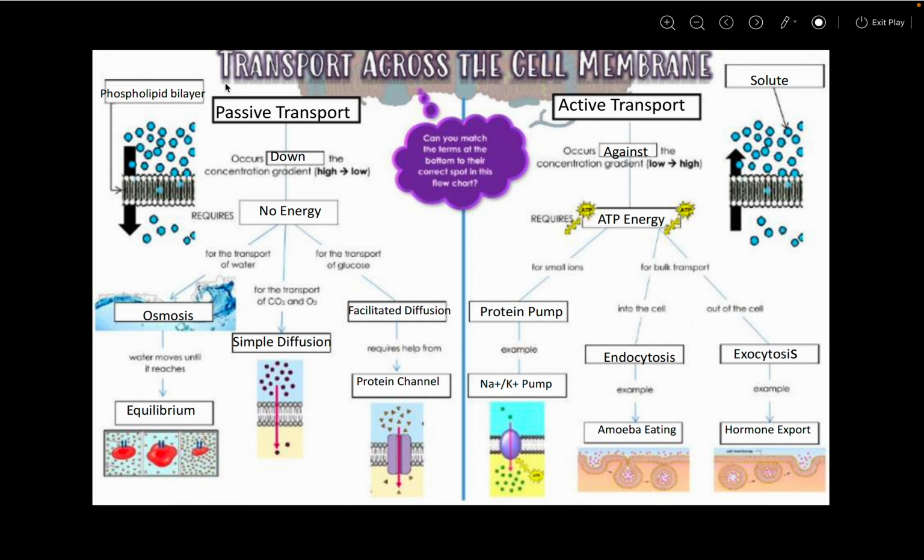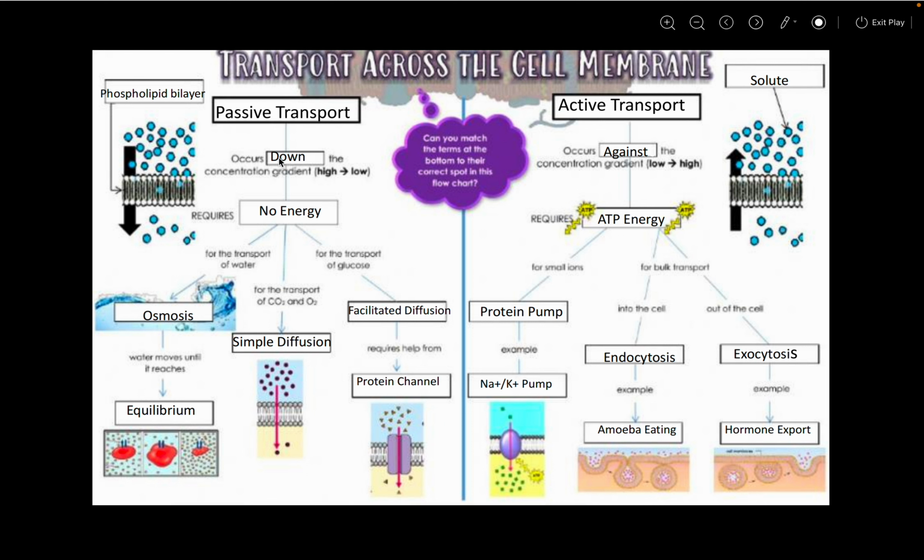For this square area, it is the possible lipid bilayer. And for this one, this process is called the passive transport. And on the right side is the active transport, which is composed of solute molecules, or solute for short.